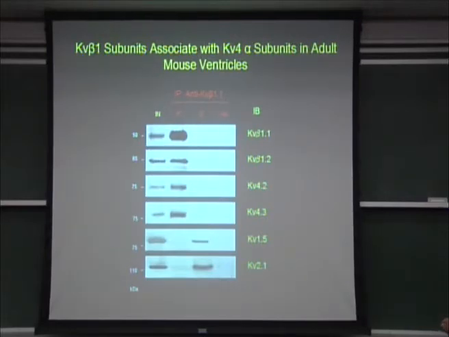One is immunoprecipitation, to ask whether the beta subunit co-immunoprecipitates with the KB4s. The answer to that question is yes, and that's what's illustrated here. The other thing we've done is to chop up the beta subunit, eliminating the N-terminus and modifying the C-terminus, and see whether there are multiple effects that are attributed to different domains of the beta subunit.